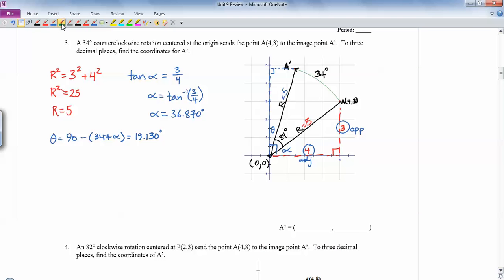So I'll write that in here: 19.130 degrees for that angle.